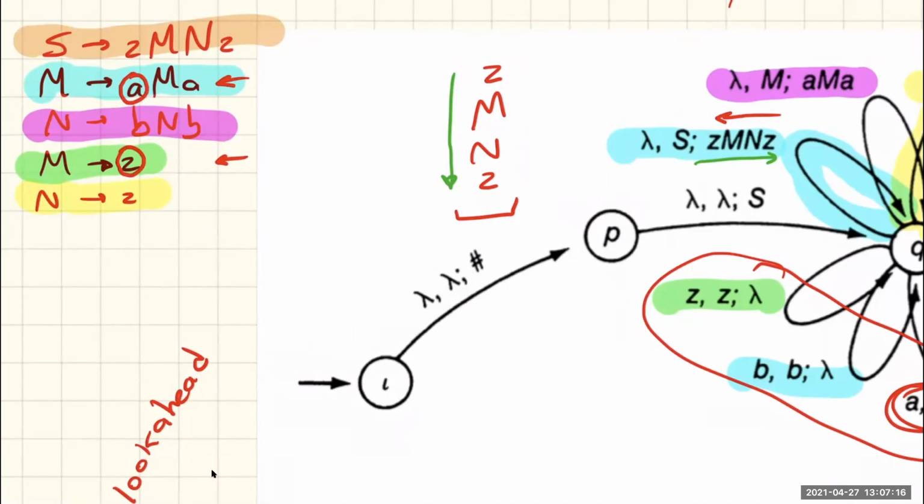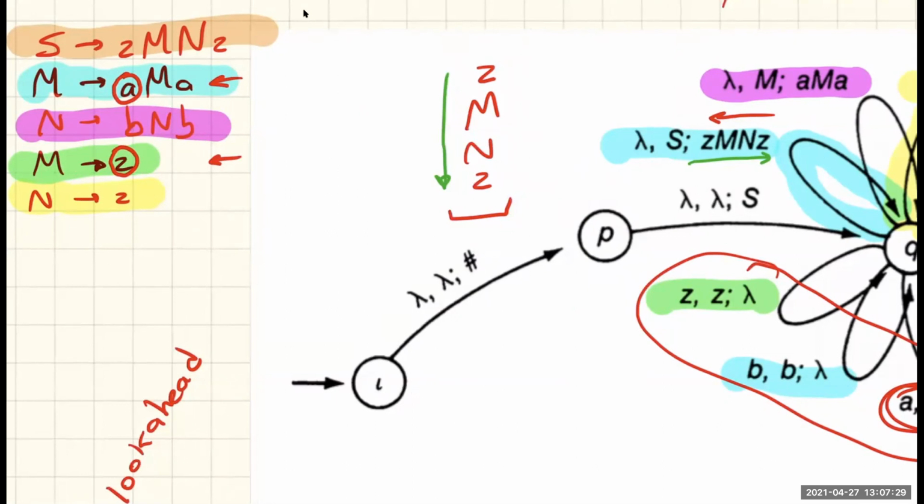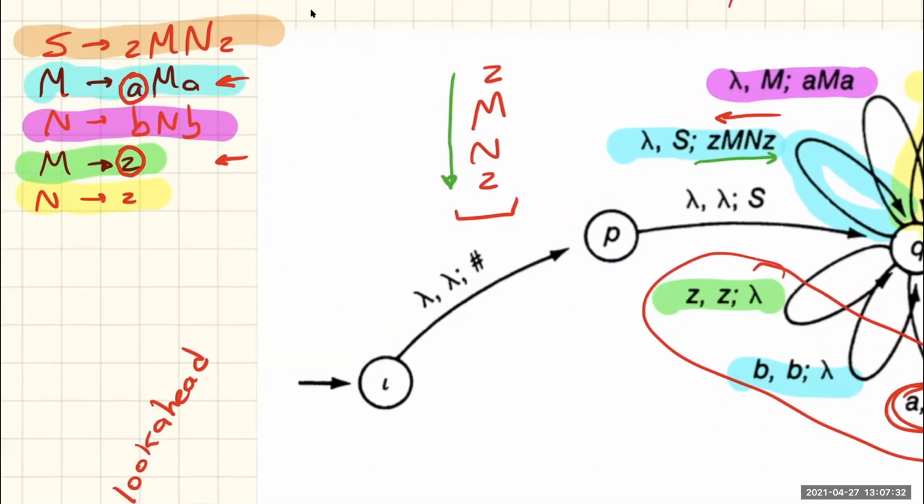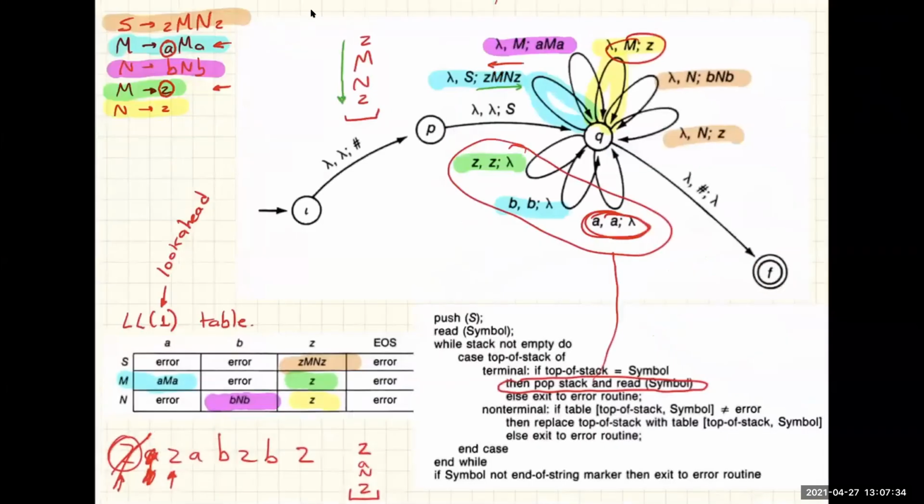If we look for this A, we know that we need to apply this rule. If we see this Z, then we know that we have to apply this rule. So by this means, it's much easier to work with this grammar. This is an LL1 parser.